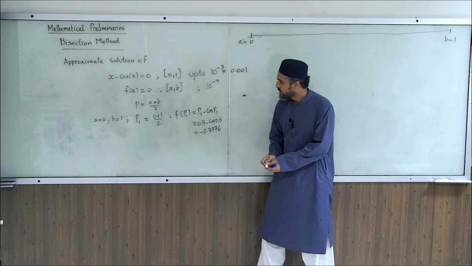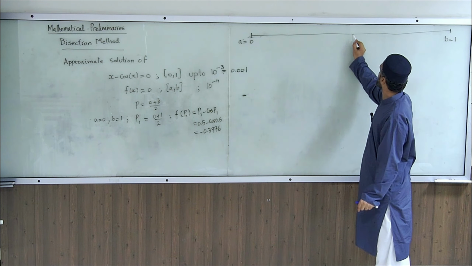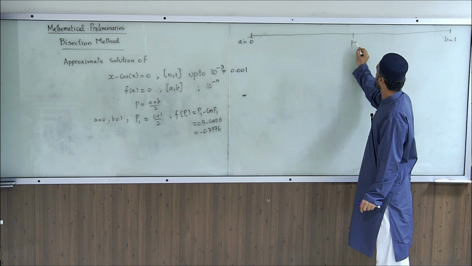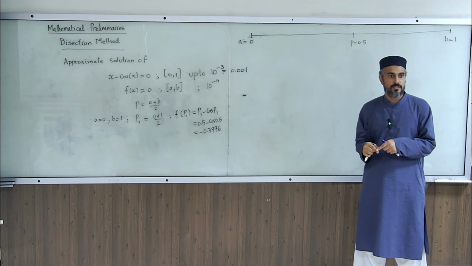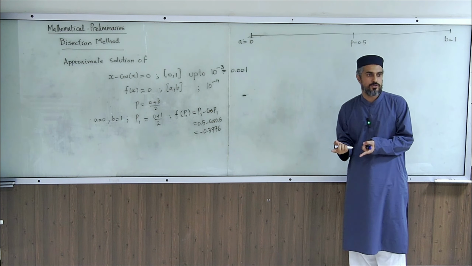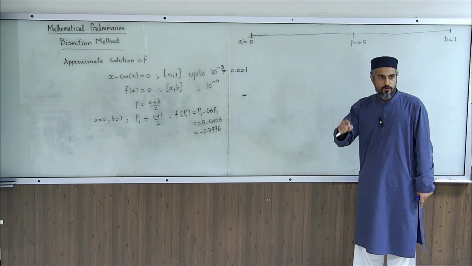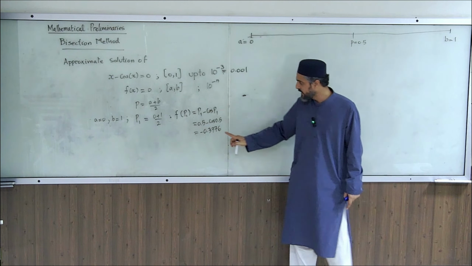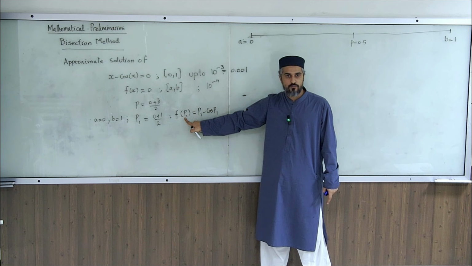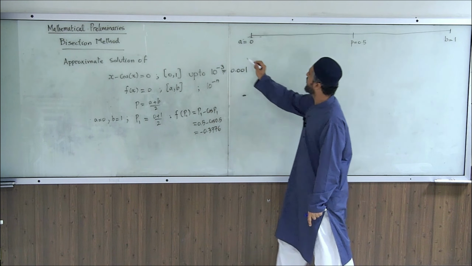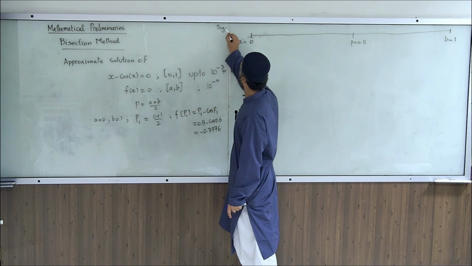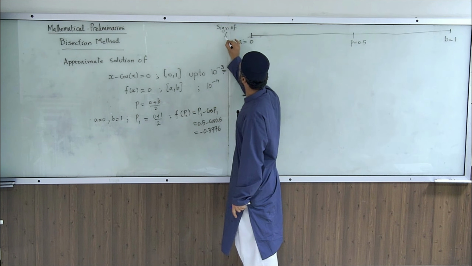So if this is a midpoint, which is p, and we have a 0.5 value, and it is not a required solution, then I need to go further towards finding a solution. To do that, I need to see what is the sign of the function at p1. Let me write the sign of f because that is very important.